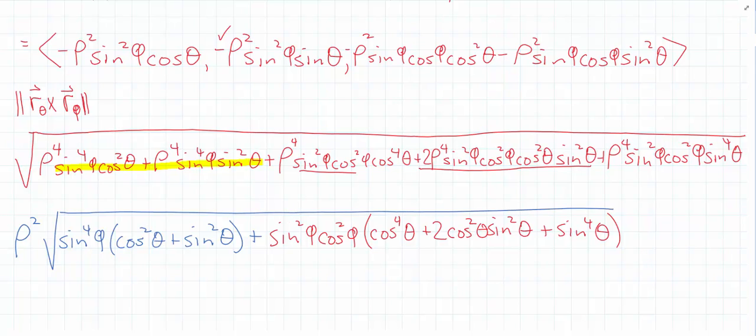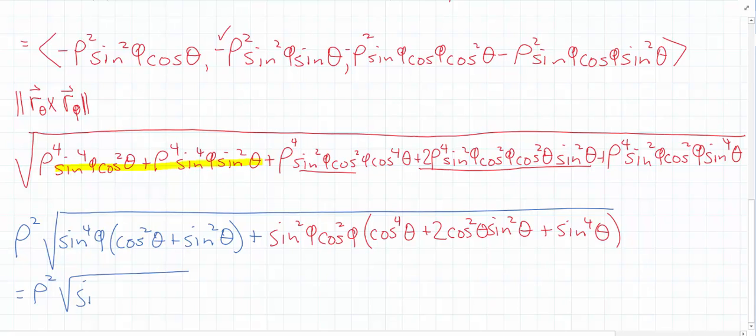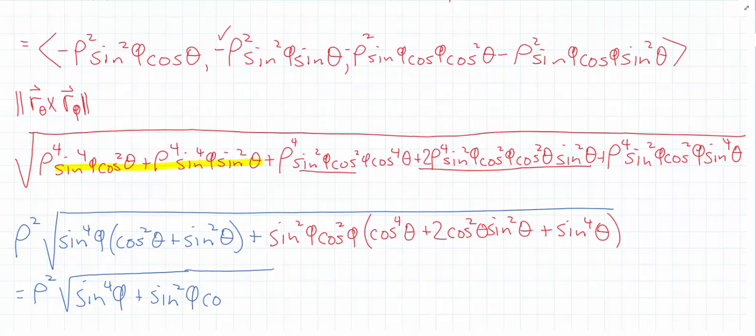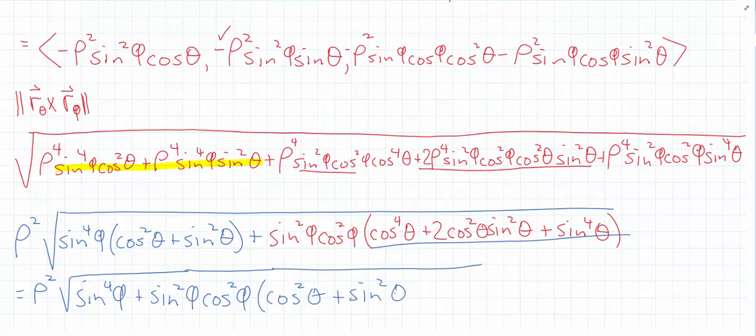Okay, so let's continue. Here's what we've got now. We've got rho squared, and this is just sine to the fourth phi. Now let's see what else we can do. And then we've got plus sine squared phi, cosine squared phi. And this thing right here, looks like I can write that as cosine squared theta plus sine squared theta, squared.